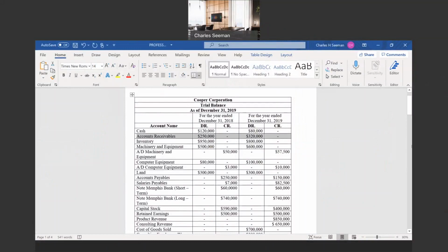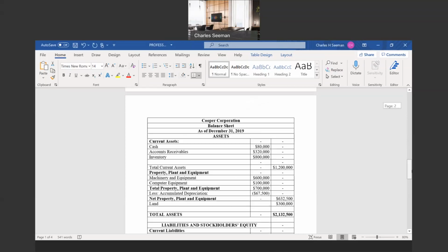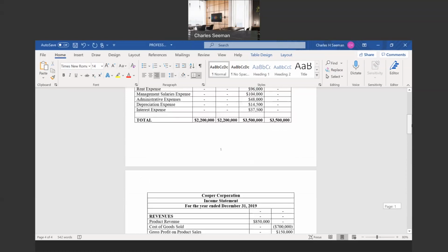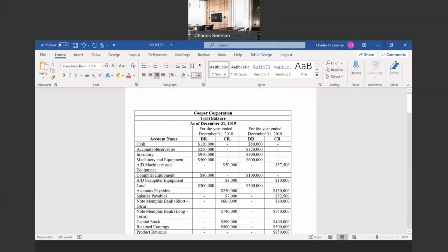As we just said, an increase in a current asset is a decrease in cash. This current asset increased from 250,000 to 320,000.